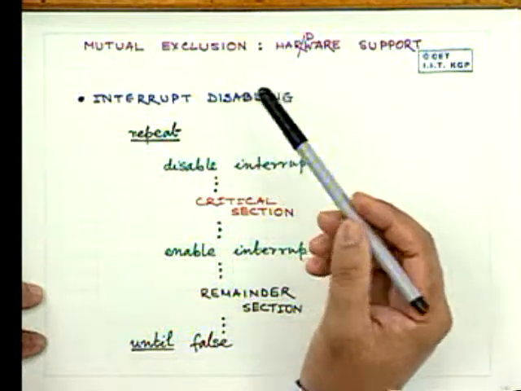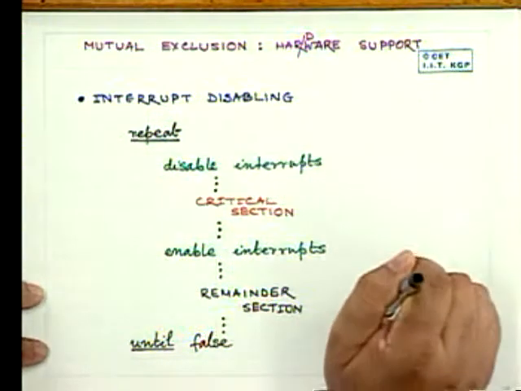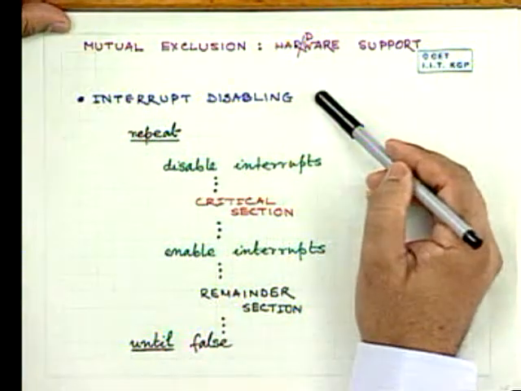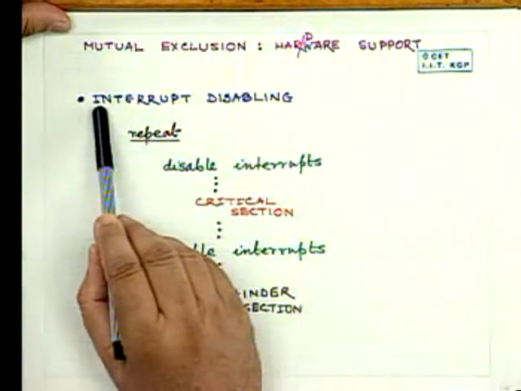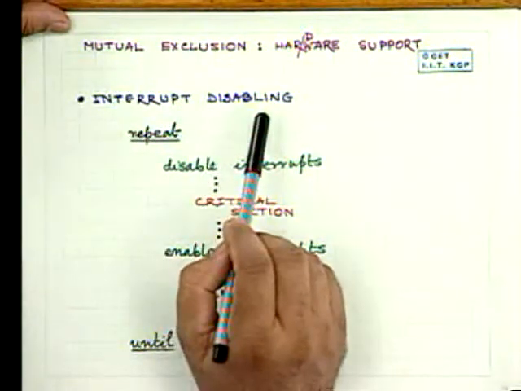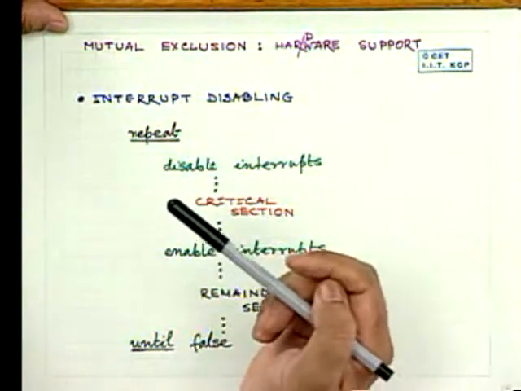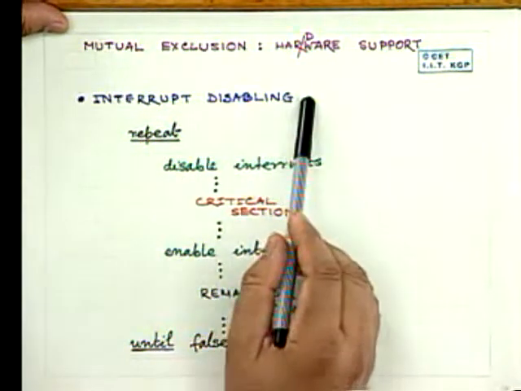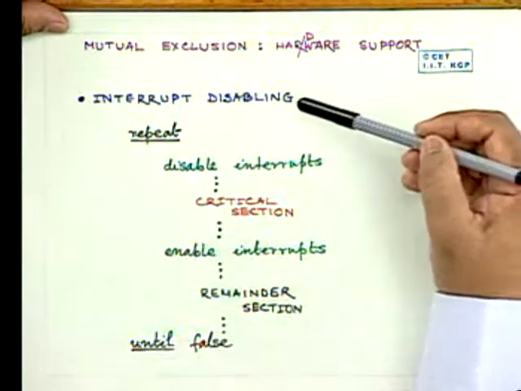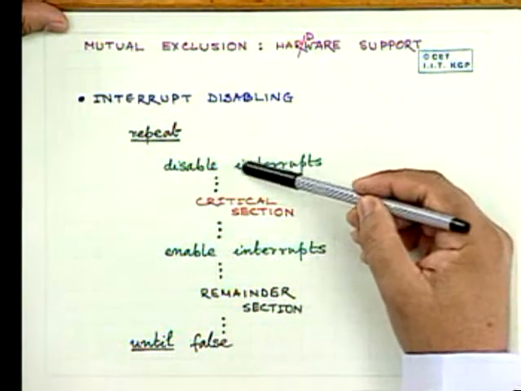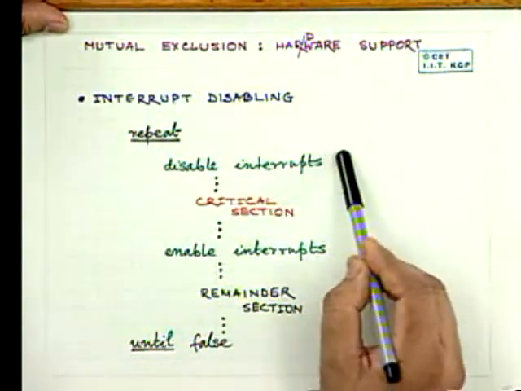First, let us come to the hardware support in the case of a single processor system. What we can do in the case of a single processor system, since we have interrupts and we have the interrupt disabling facility, as we discussed when we were talking about interrupts, is that when a process enters its critical section, we disable all interrupts.